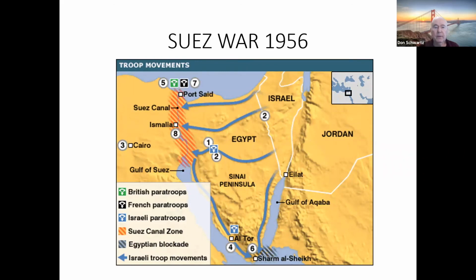And that put the United States in a bind. If the United States did support Britain, France, and Israel, it would lose the support of people in the third world, because it would seem as if the United States was supporting imperialist aggression. And so Eisenhower pressured the British and the French to withdraw.